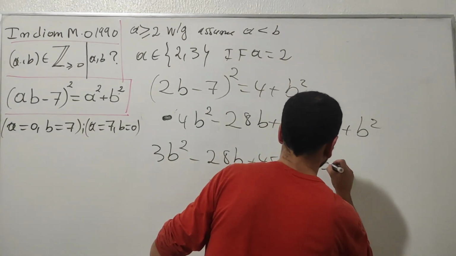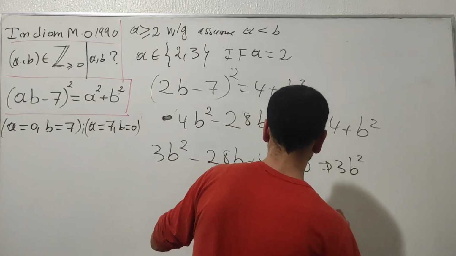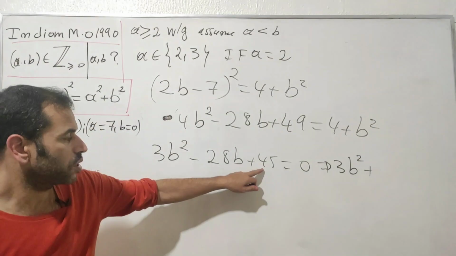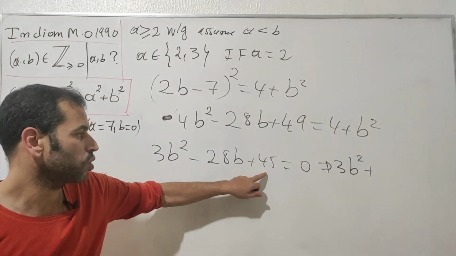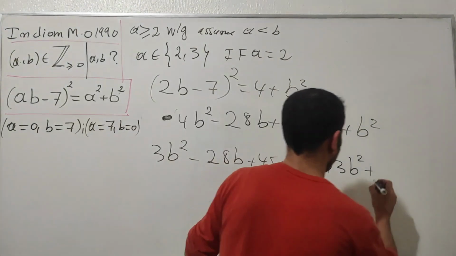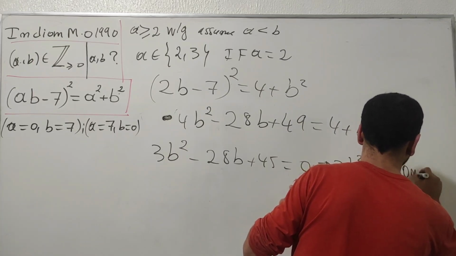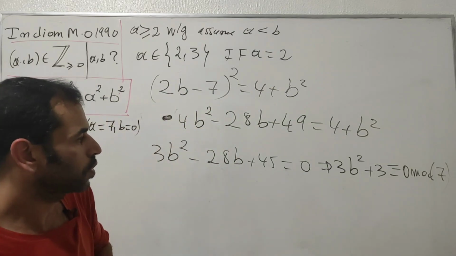So I get here, this one will be 3b squared, this one 0, and this one 45 is the same. We know 45 is 42 plus number 3. 42 is divisible by number 7, so I will be left with number 3 as a remainder, which is congruent to 0 mod 7. Okay, it's more clear.